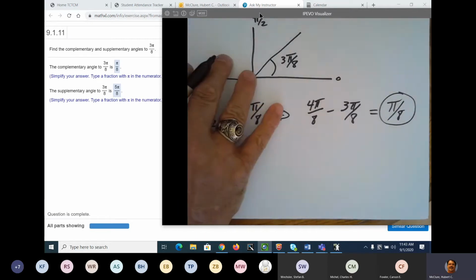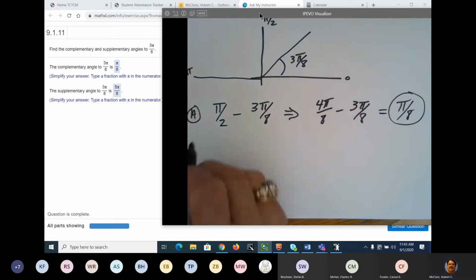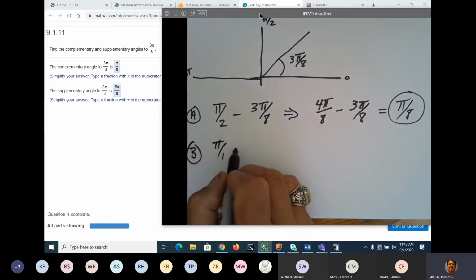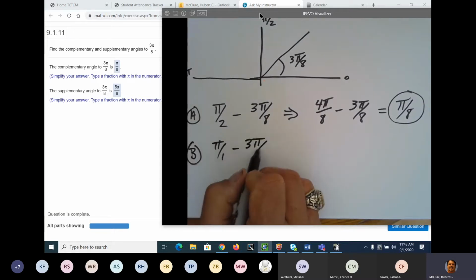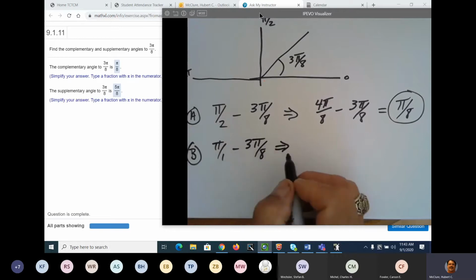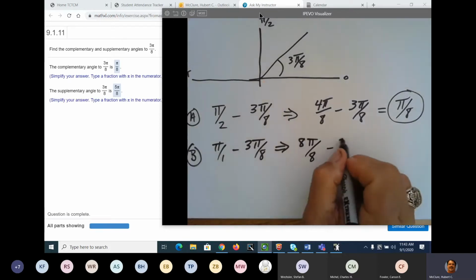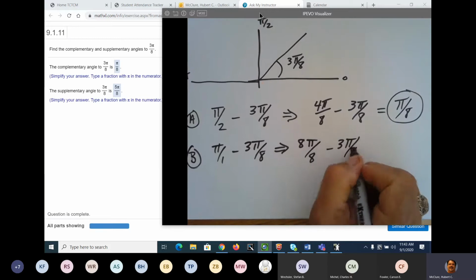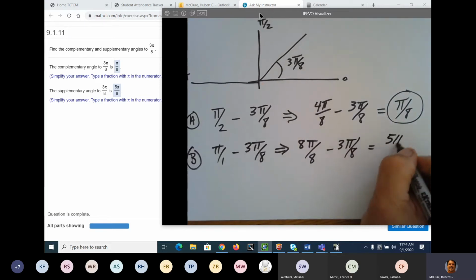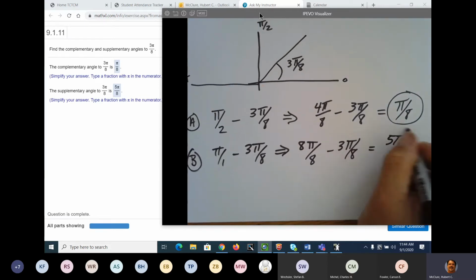Okay, supplementary would be pi. So B is pi over 1 minus 3 pi over 8, which would be 8 pi over 8 minus 3 pi over 8, which is 5 pi over 8.